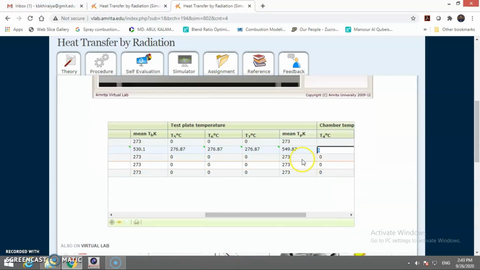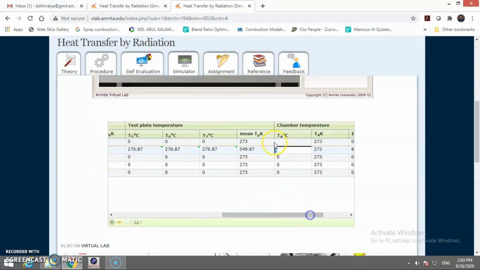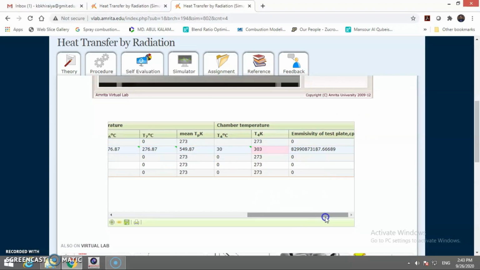So now we have the calculation of the average temperature of the test plate. The mean temperature of the test plate is 549.87, and T4 that I have set is 30. So our emissivity comes out like this.